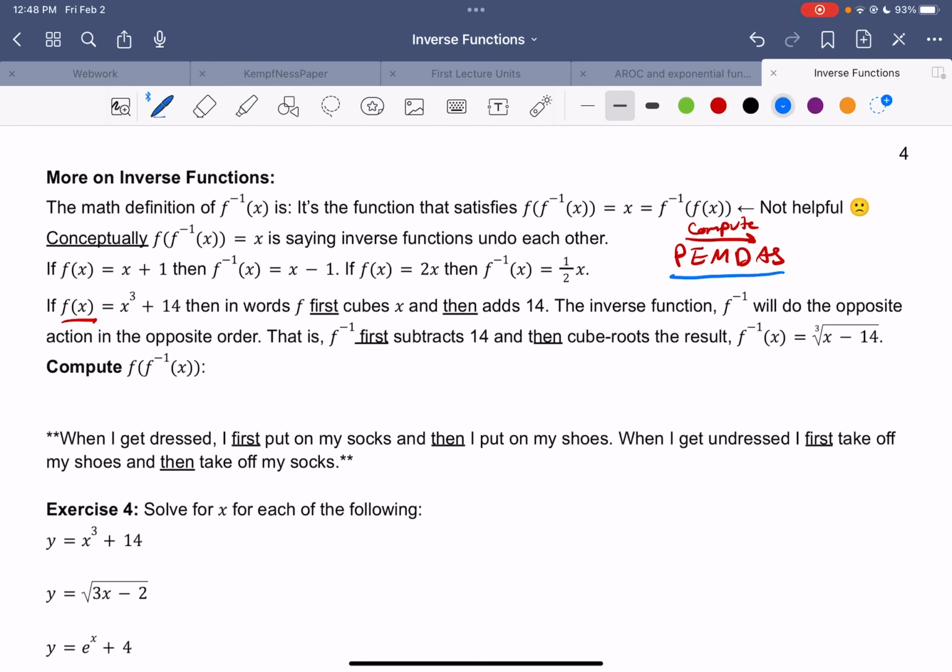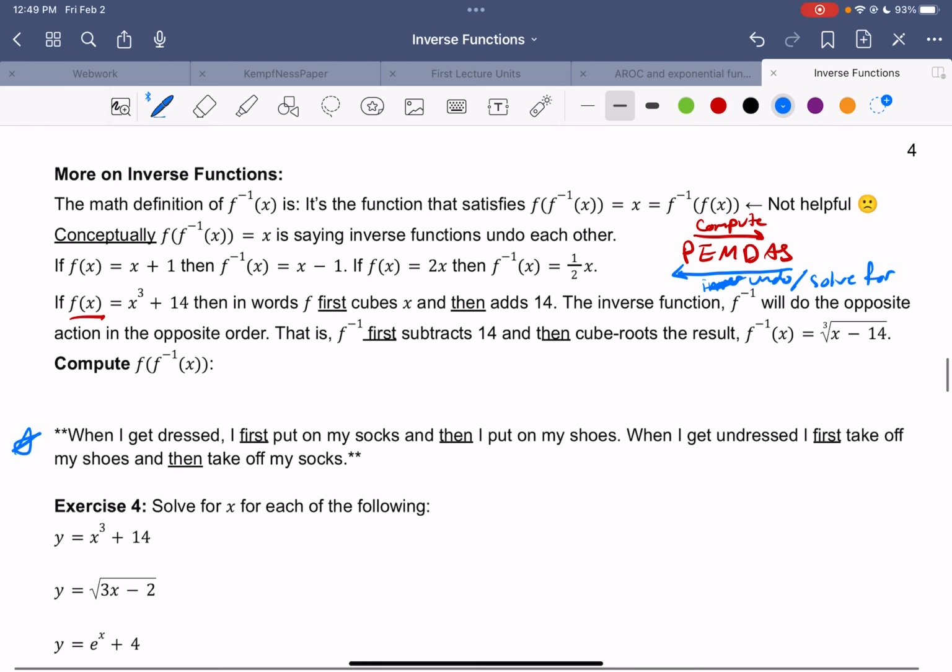Now, if you're going to invert something, if you're going to undo something, or solve for something, we'll see how these are related in just a moment, you go the other way. This is something called the shoes and socks lemma in mathematics. When I get dressed, I first put on my socks, and then I put on my shoes.